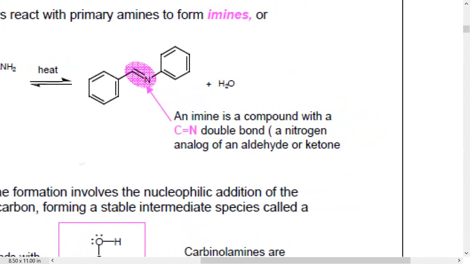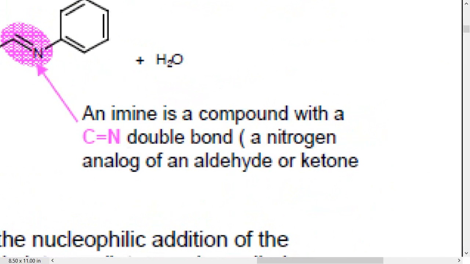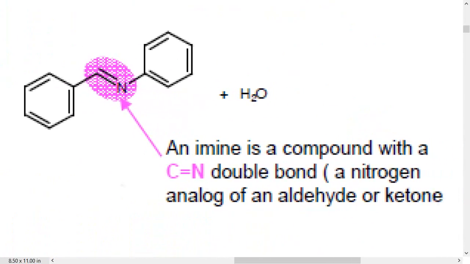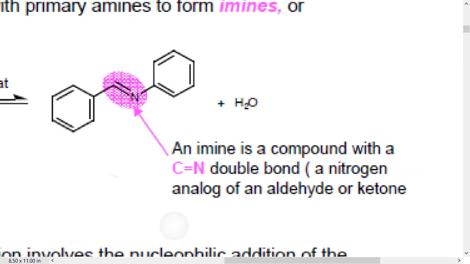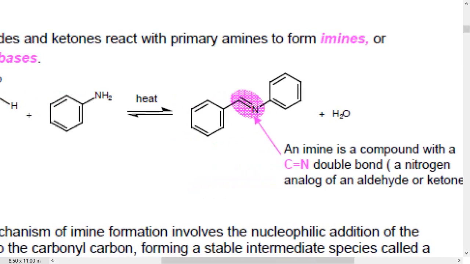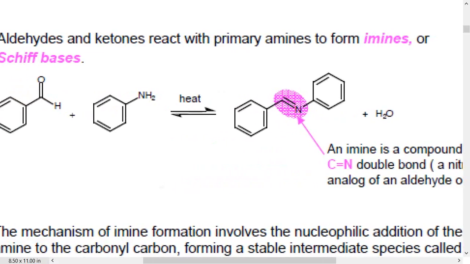And imine is a compound. Now if I show you imine as a compound, what kind of compound is it? An imine is a compound with a carbon nitrogen double bond, a nitrogen analog of an aldehyde or ketone. Either you have an aldehyde or you have a ketone. This one is of an aldehyde.